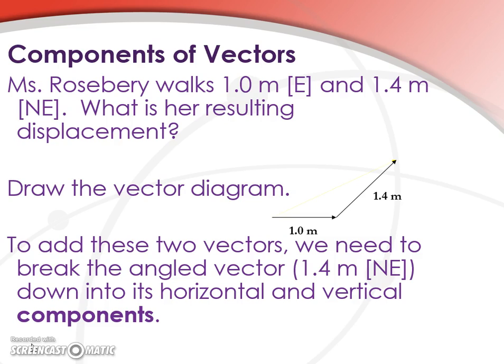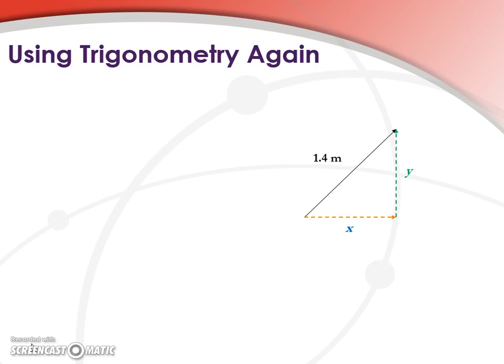One of the easiest ways to solve this problem is to break the angled vector, 1.4 meters northeast, down into horizontal and vertical components. And we'll do that here. So 1.4 meters northeast, we need to get our x and y components of this vector.